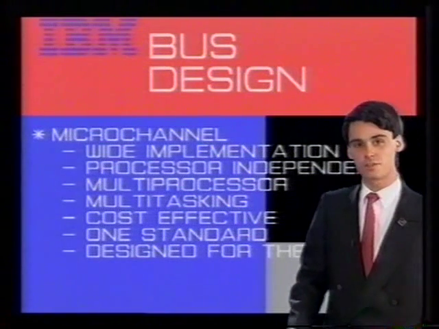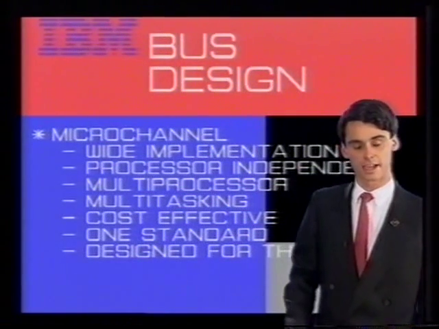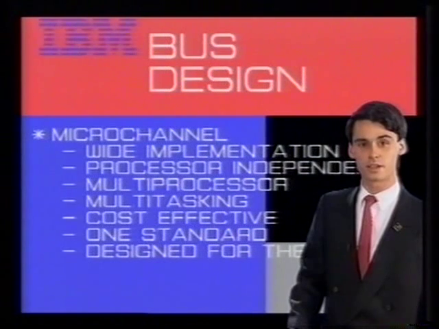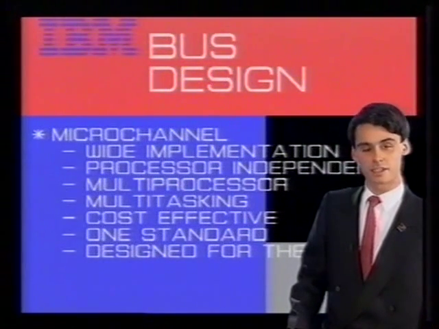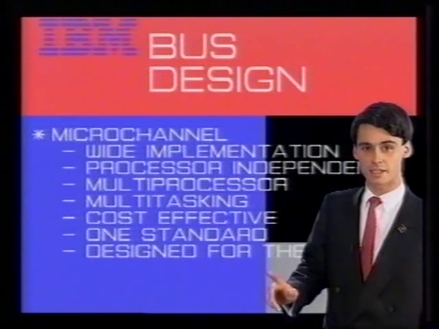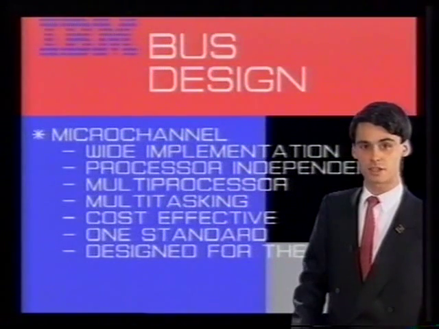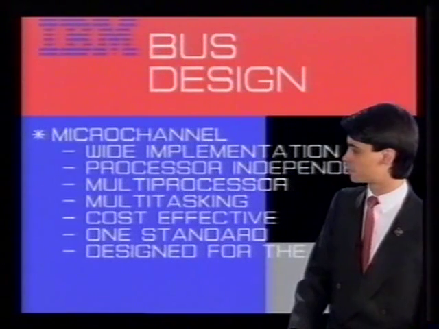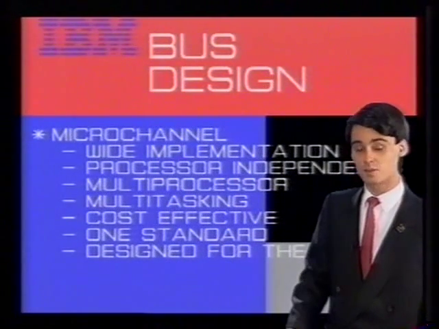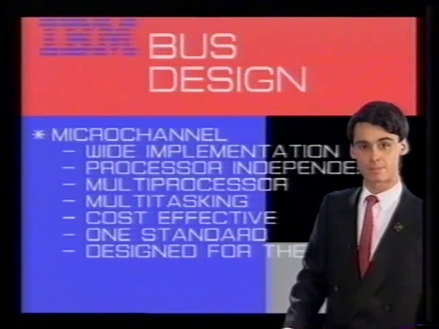It also is very cost effective. As I said before, an entry-level point for microchannel architecture is $4,000. This means you can implement one architecture through your corporate strategies on the entire range of personal computer requirements. The savings: one standard, one set of adapter cards, one set of support.